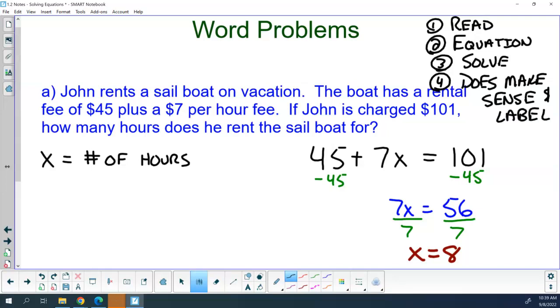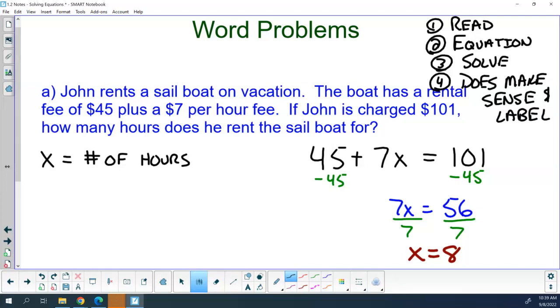Does it make sense? And does it have a label? So in this case, does it make sense that he rented the boat for 8 hours? Yeah, that makes a lot of sense.